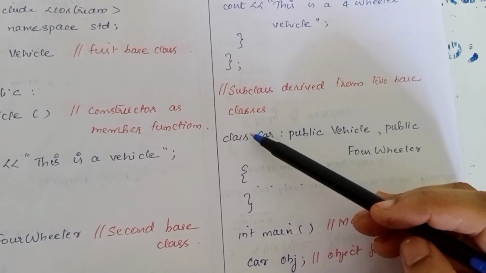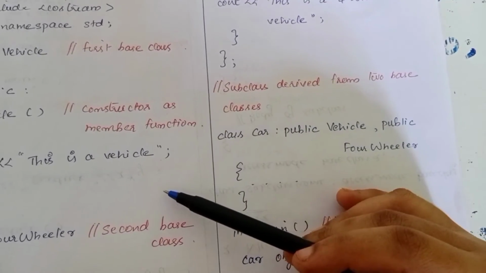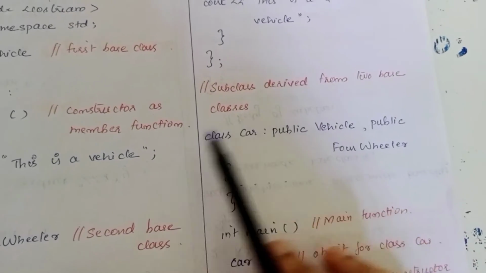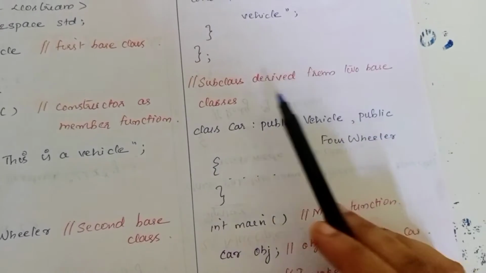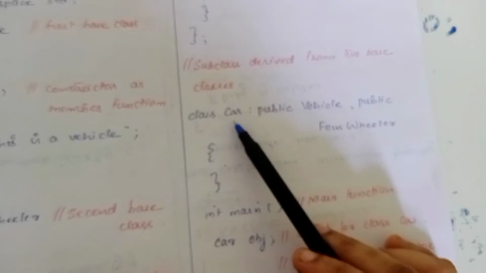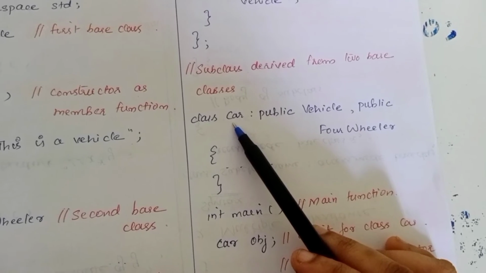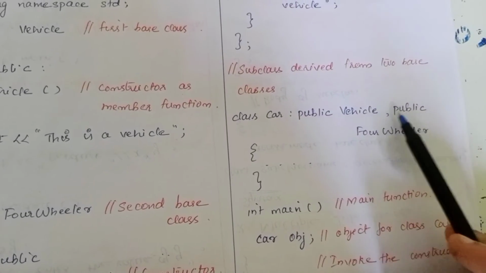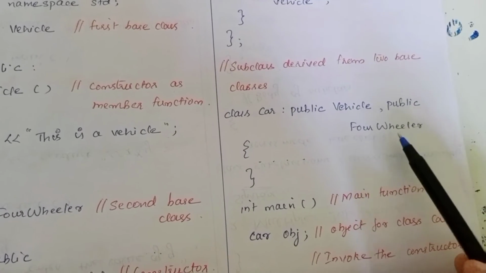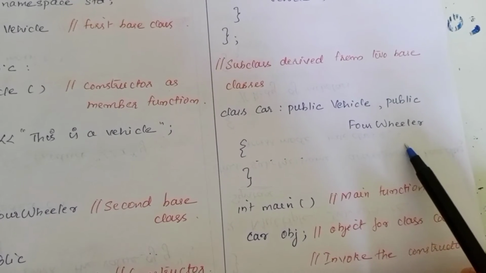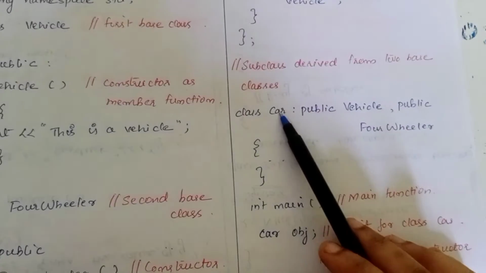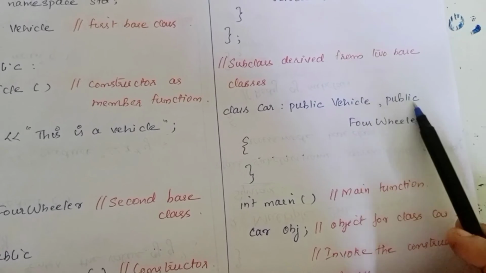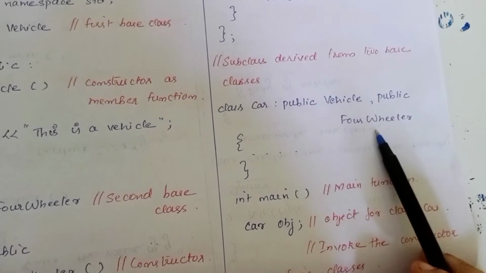Now I am going to create a subclass for these 2 base classes. This is the subclass derived from these 2 classes: class car as the subclass name, public vehicle as the first base class, and public 4-wheeler as the second base class.